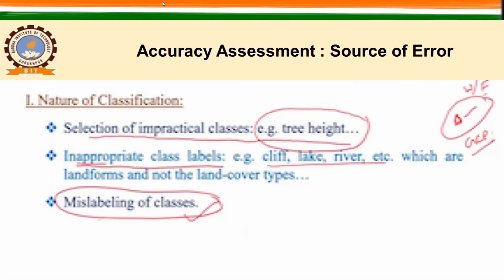So you will introduce more error. Then there are inappropriate class labels like cliff, lake, river, etc., which are landforms and not land cover types.